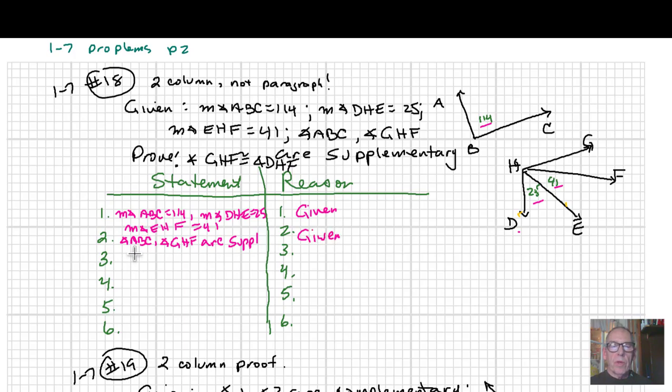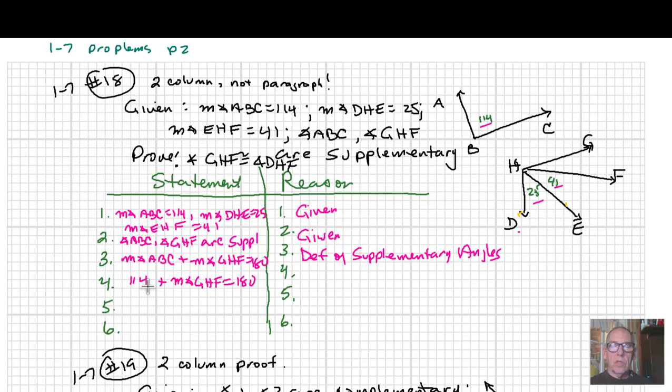Now, definition of supplementary means that the measure of ABC plus the measure of GHF equals 180. It's the definition of supplementary angles. Now, if ABC is 114, we have 114 plus measure of GHF equals 180.